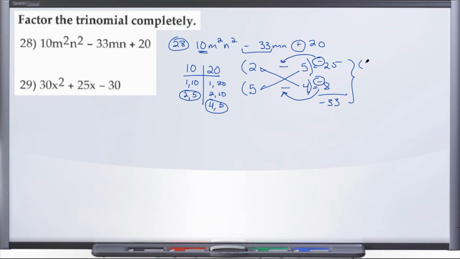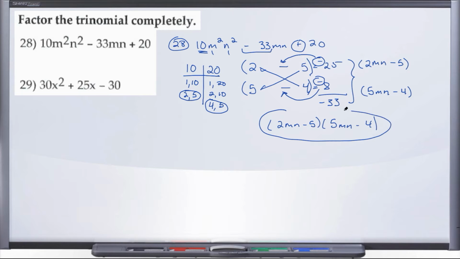So we're going to have 2mn minus 5, and here we're going to have 5mn minus 4, and let's go ahead and write these out on one line: 2mn minus 5 times 5mn minus 4, and there you have it, the factored form of the original trinomial of 10m squared n squared minus 33mn plus 20.